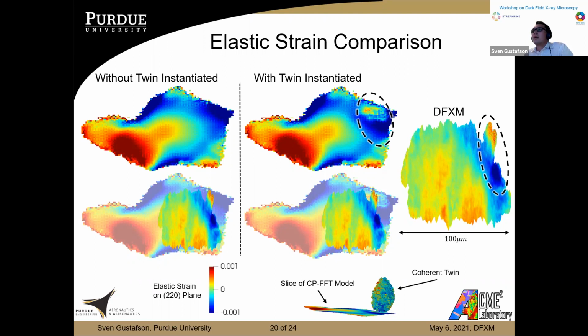So here we're really starting to see those large strain and stress gradients directly in the area below a twin boundary in this parent grain. And to bring us back to our motivation, twin boundaries are known for locations of fatigue failure, and this is just one indication of the response that the parent grain has to a coherent twin in terms of the stress gradients.